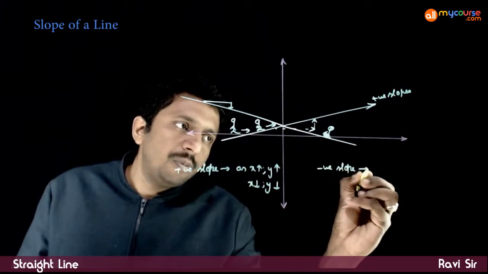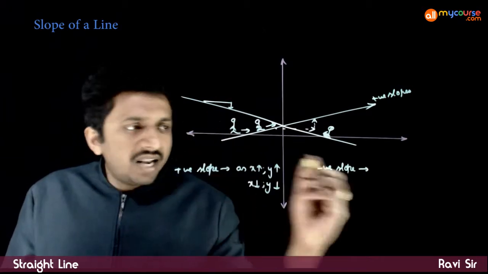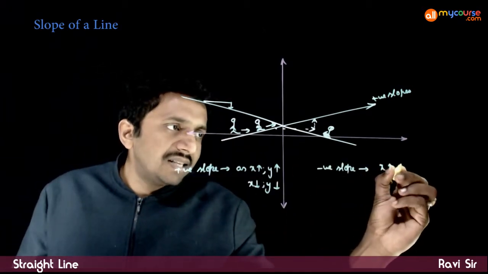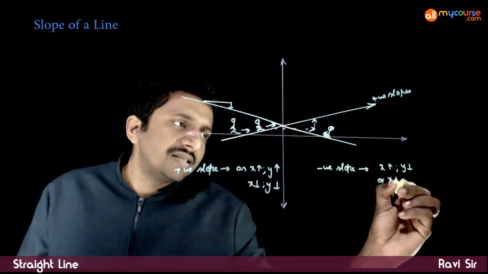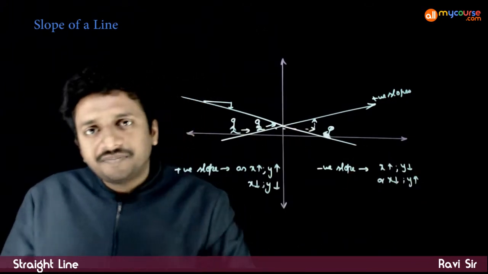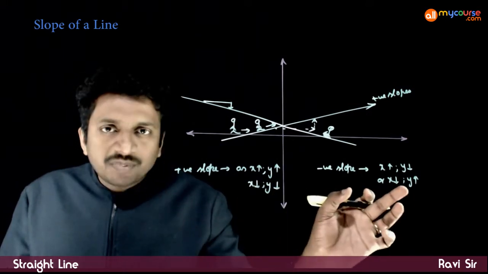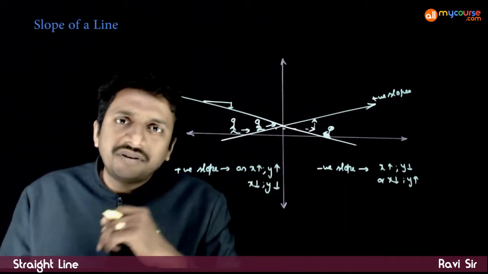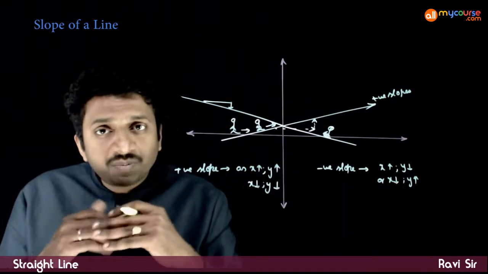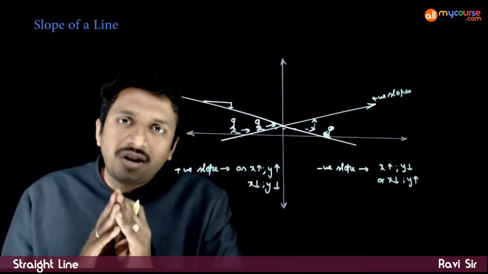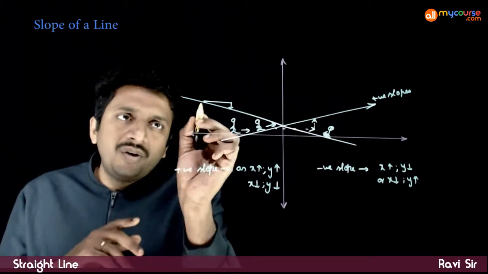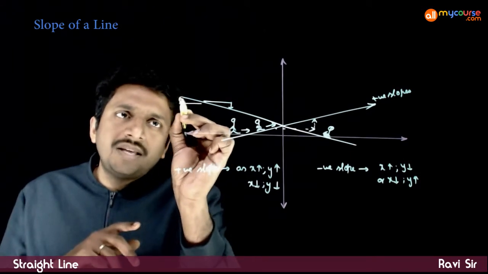So negative slope is the slope of such a line where as x increases, y decreases, or as x decreases, y increases. So these types of lines will have negative slope. Negative slope just means that as x increases, y is falling down. Or if you move in this direction, as x decreases, y is going up.